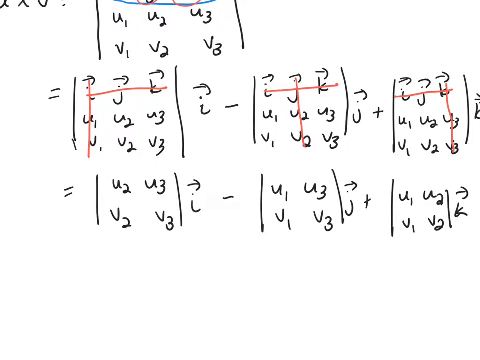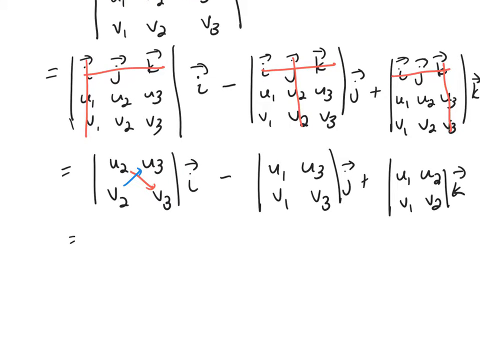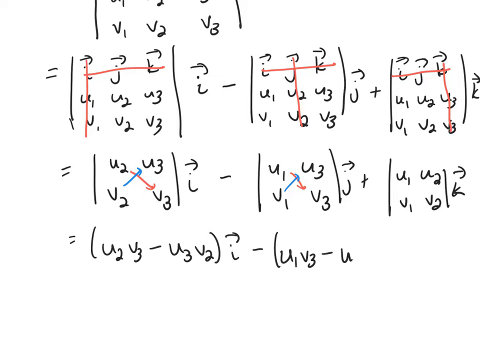Now, the way this works, when you have a 2 by 2, you multiply the diagonal, and then you subtract multiplying the other way. So this would be u2 v3 minus u3 v2 i, minus, again multiplying this way down, u1 v3 minus the other way, u3 v1 j.